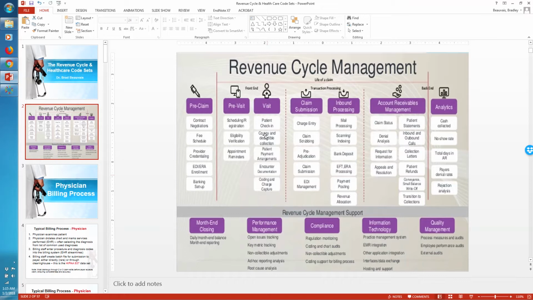Okay, so then of course we go into the claim submission process, and there are multiple layers to this. In the fall we'll probably revisit, as we did this year, the Parallon organization, which is actually a subsidiary of HCA.